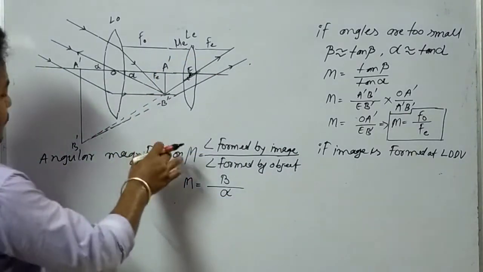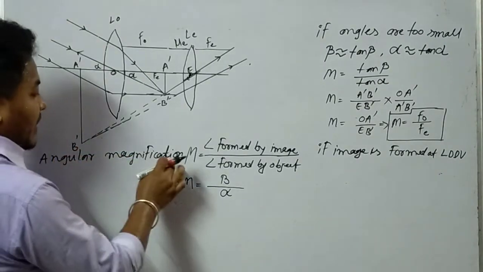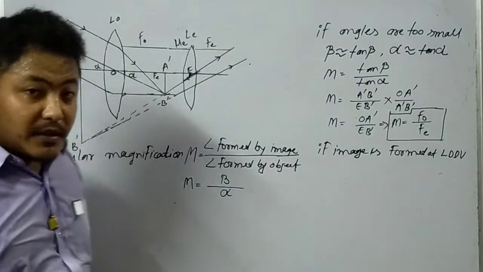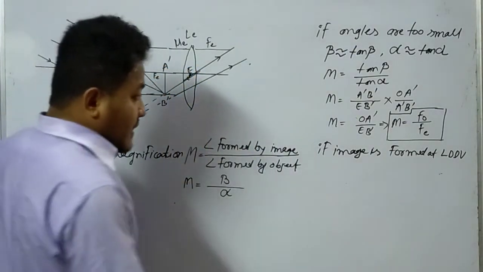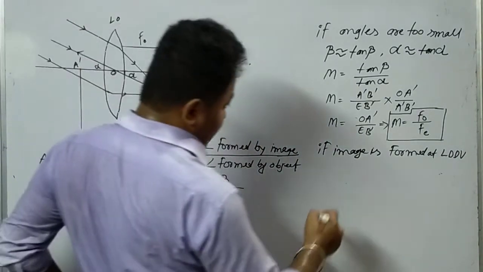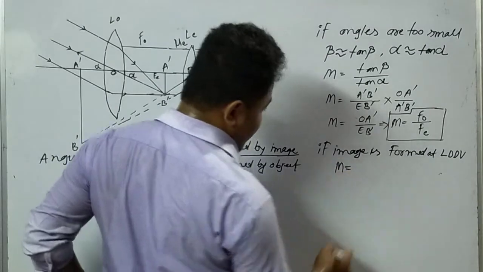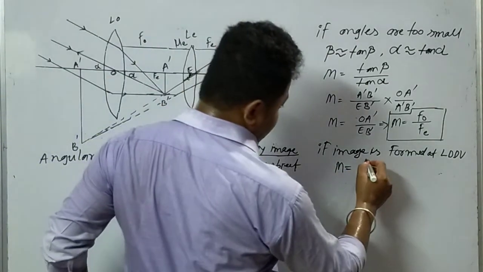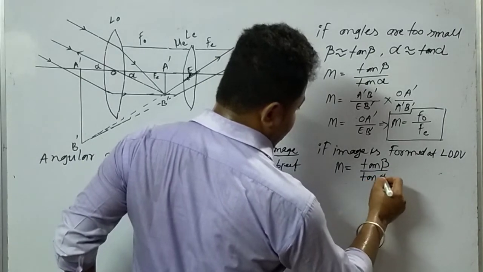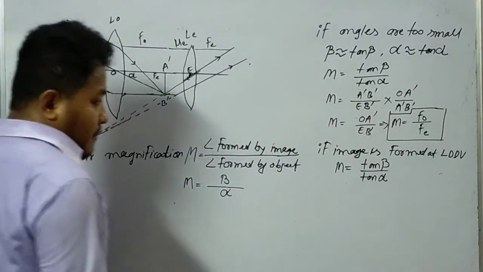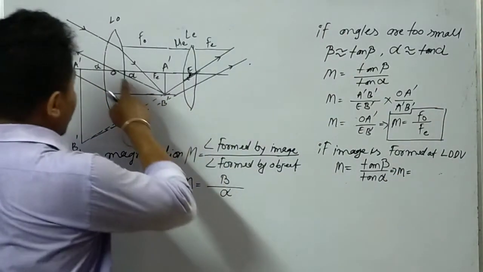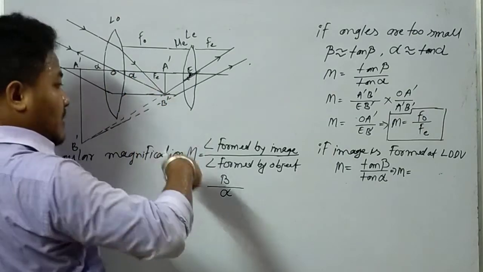So if I go to find out the angular magnification, in this case m will be the same, beta by alpha. So in this case, what I'll write, the magnifying power m is equal to tan beta upon tan alpha, it will remain as it is. But if I go to find out tan alpha, same triangle, the value will also be the same.